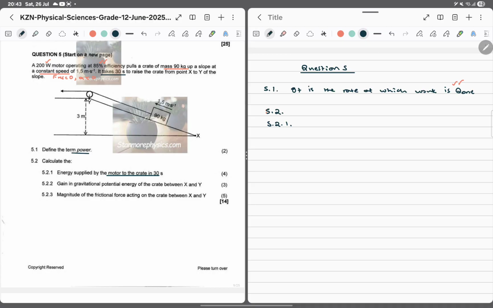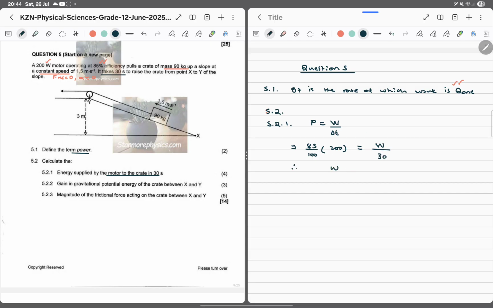So energy, we know that this is from the power being equal to work over time. But this power, it's only 85% efficient. So this is 85 over 100 times that power, which is going to be equal to the work divided by 30 seconds.